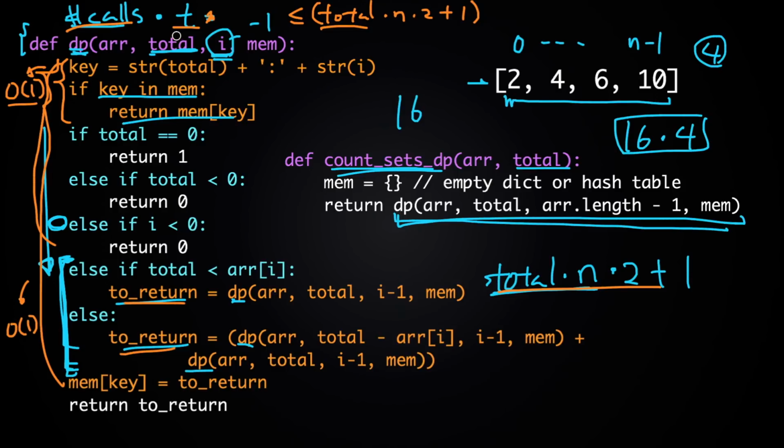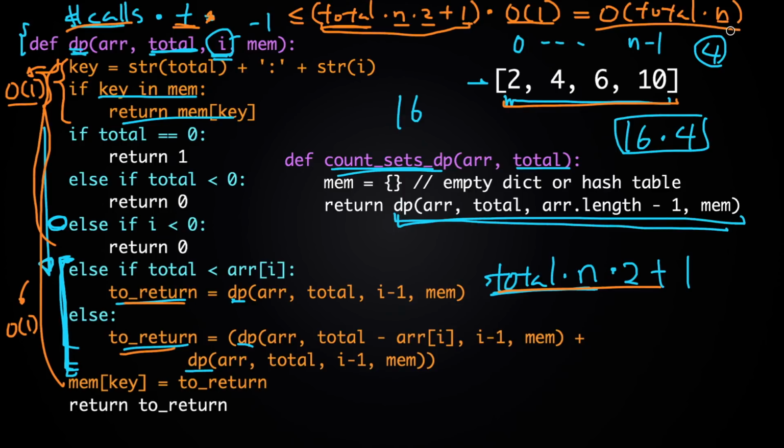So the time it takes to execute each of those calls, excluding those recursive calls, is big O of 1, or a constant amount of time. And when you multiply these two numbers together, big O of 1 and total times n times 2 plus 2, you get big O of total times n, n being the number of items in the given array. And so that's the time complexity for this particular function.